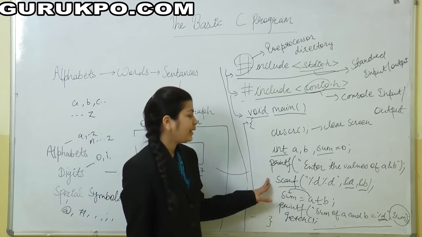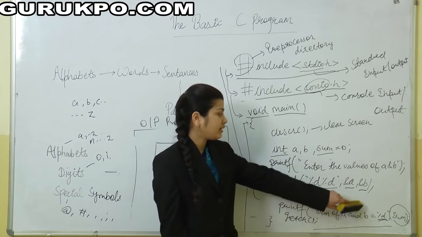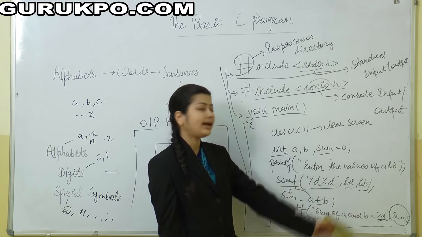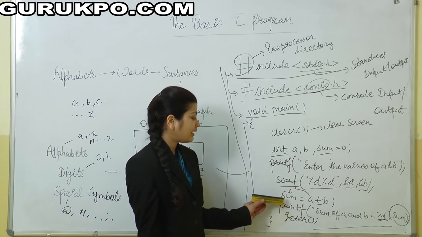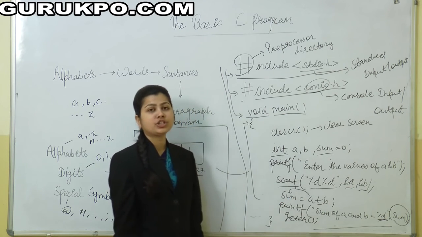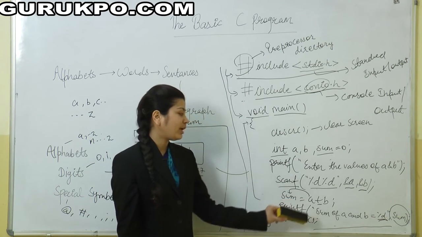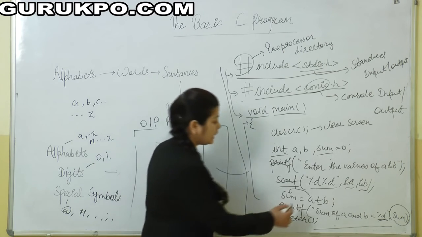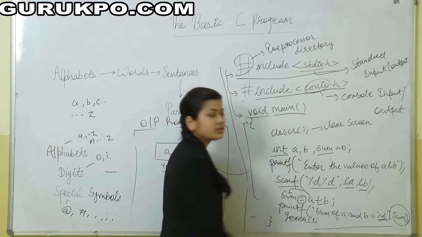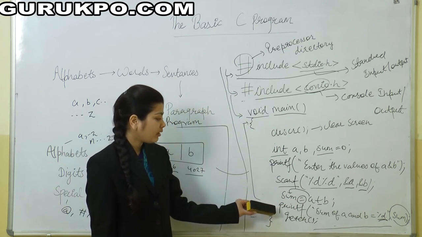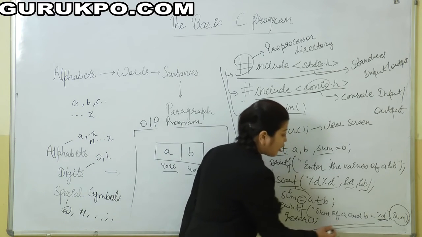After taking the input from the user, we write %d, which is the format string, and &a and &b, which denote the addresses of the variables where the values have to be stored. After that we use the plus operator, the addition operator, to add the two values of the variables, and the addition of these two values is stored in sum. Here we use the assignment operator, which is used to assign the value to the sum variable, and after that we use the printf statement, which is used to display the sum of a and b.